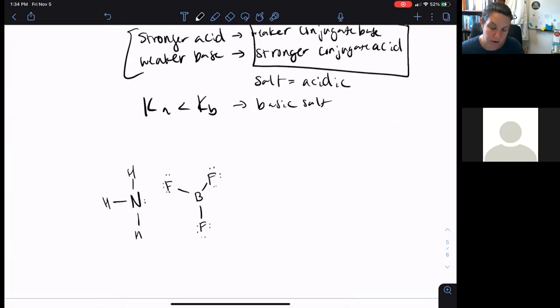In this case, our atom on the left, the central atom, is more electronegative and it has a pair of electrons, so it is going to be our electron donor.